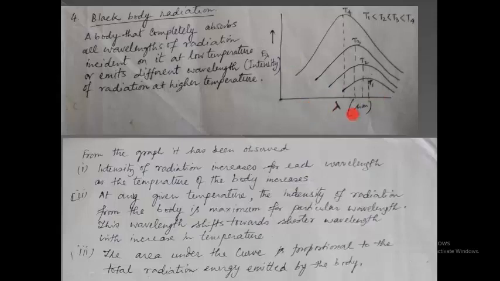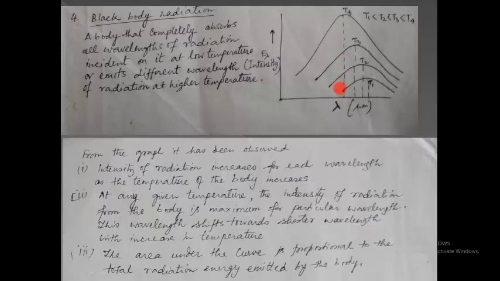If you just consider one particular wavelength, you select one particular value of wavelength on the x-axis, and you try to find out, for every temperature, the energy density. Suppose you just take a vertical line, select a particular wavelength on the x-axis and draw this line perpendicular such that it cuts all the curves, right?